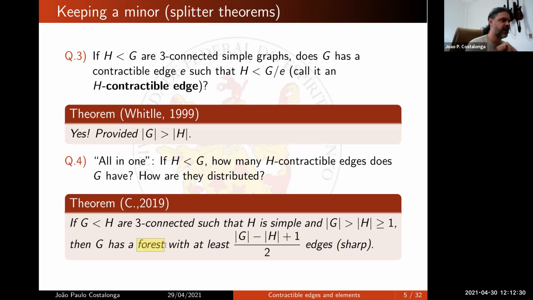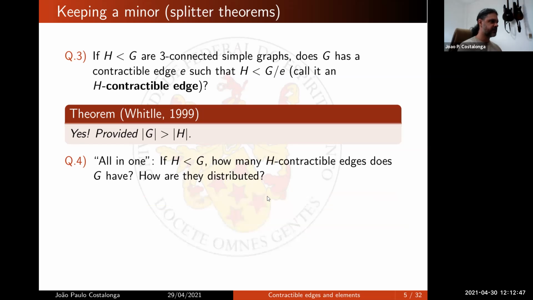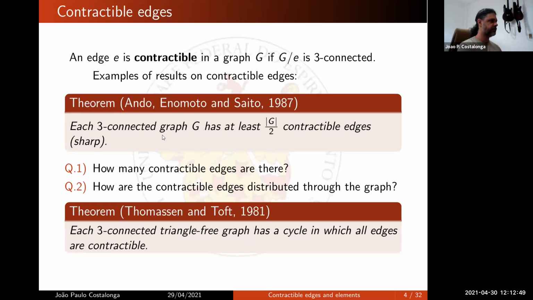So we'll talk about distributions too, not only amount. And this forest has at least this number of edges, that is, (the number of vertices of G minus the number of vertices of H plus 1) divided by 2. And this is Endo, Inamoto and Saito's result.